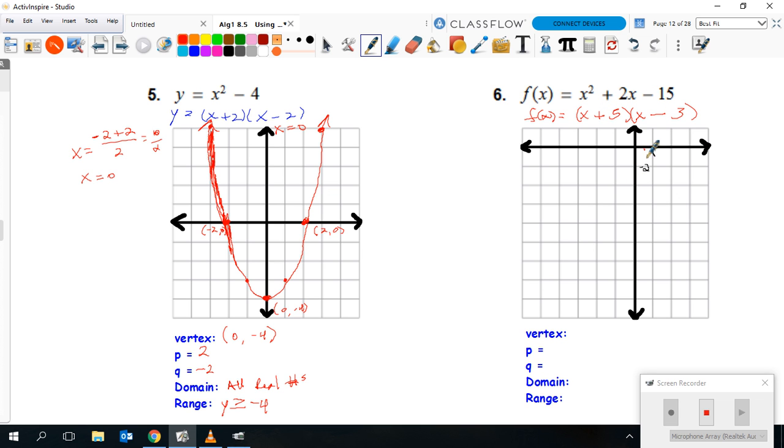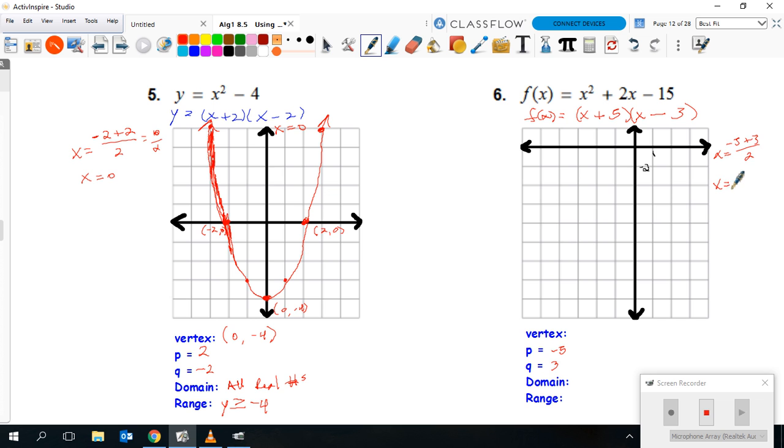So there's our P and Q. Remember, it's the opposite of what you see. So you can say negative 5 for one of them, and the other one's going to be positive 3. Again, it doesn't matter which one's P or Q, it just helps us keep it organized. Now if we want to find the vertex, again we're going to do x is equal to negative 5 plus 3 over 2.